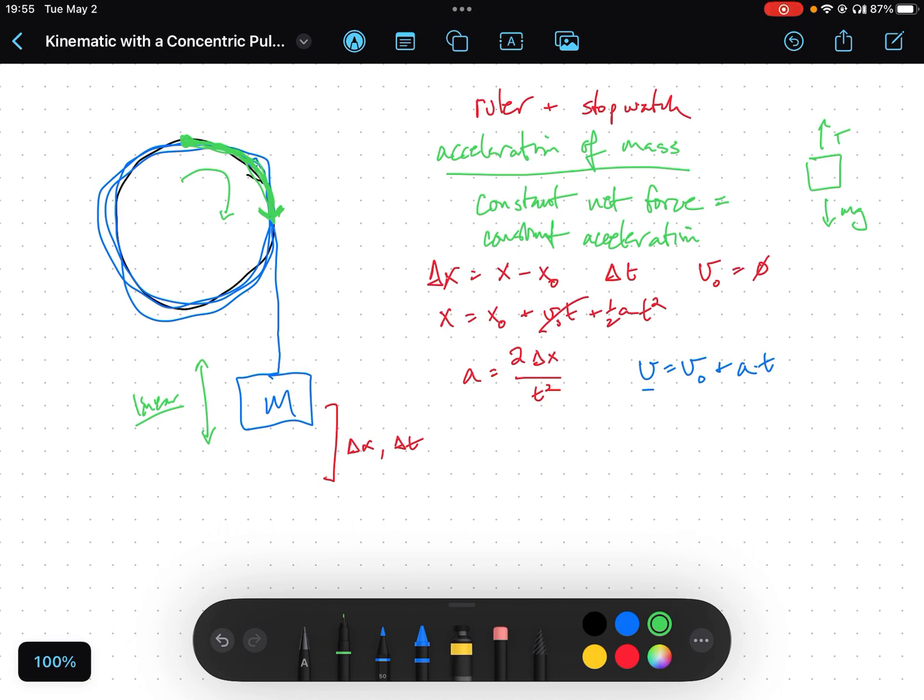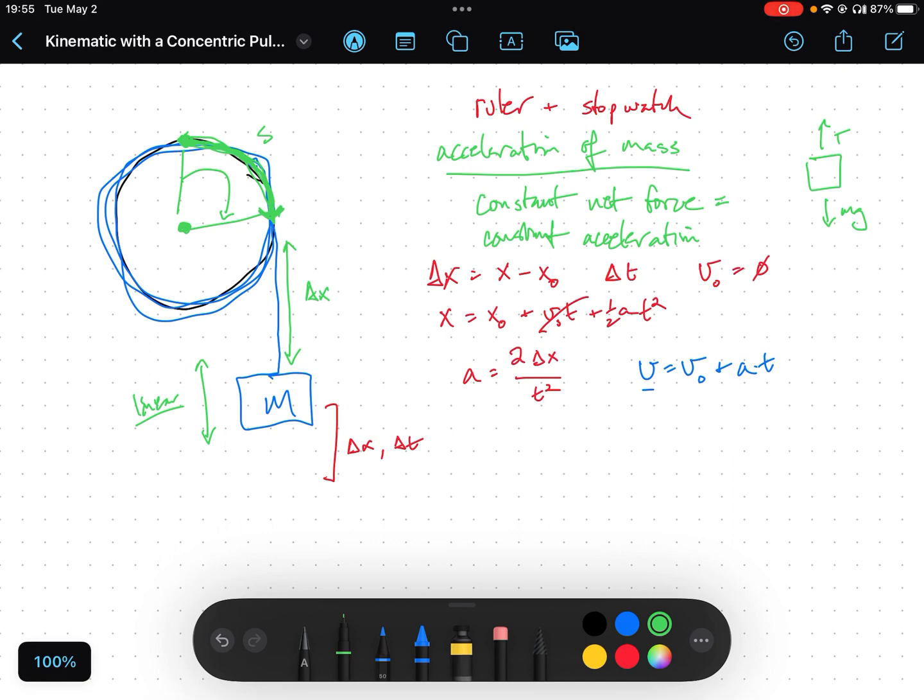And what I talked you through in class was the idea that since the string is unraveling as this object moves, the distance that the string unravels is going to be equal to the arc length that the concentric pulley rotates as that string unwinds.